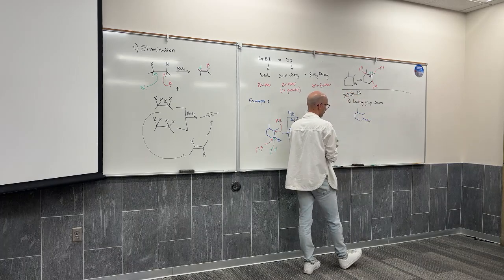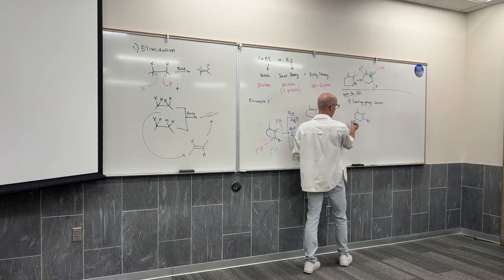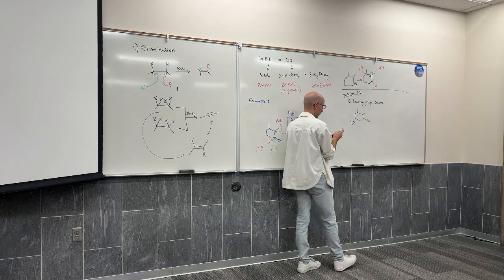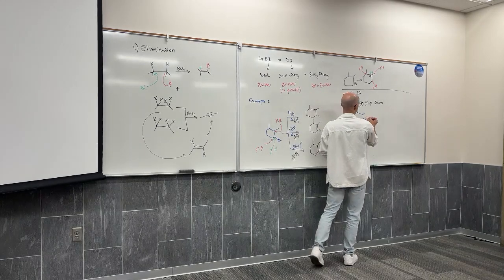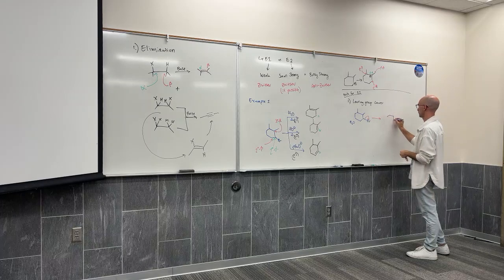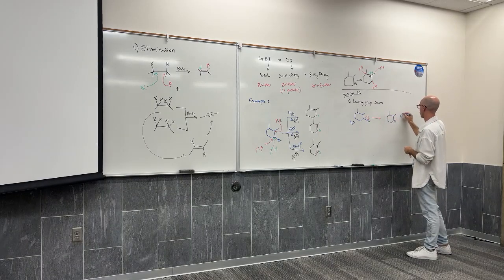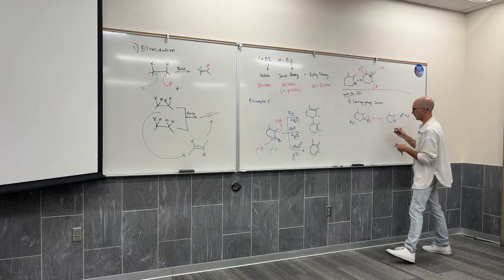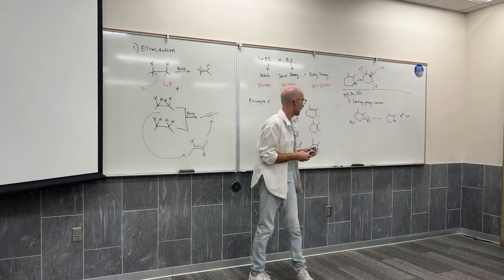Bromine. I'm going to draw water in here. It's not going to play a role yet. First step, leaving group leaves. I produce a carbocation and bromide.